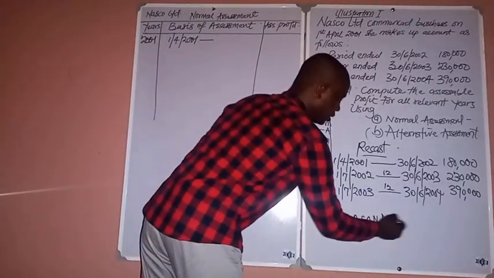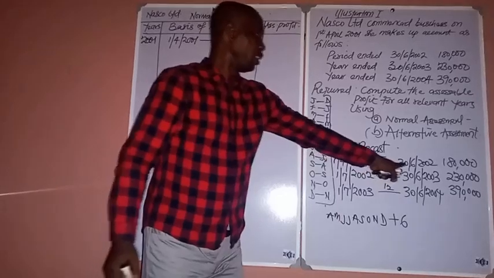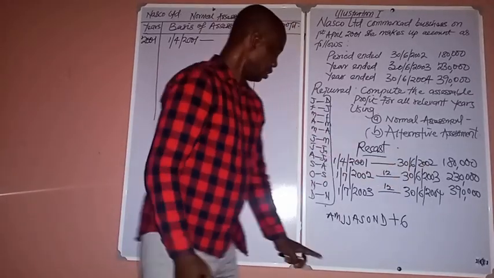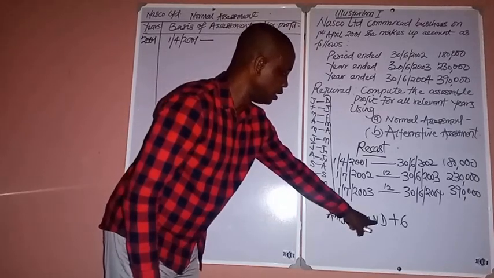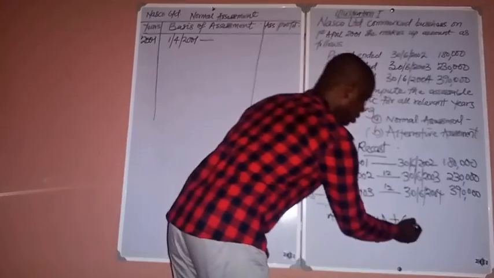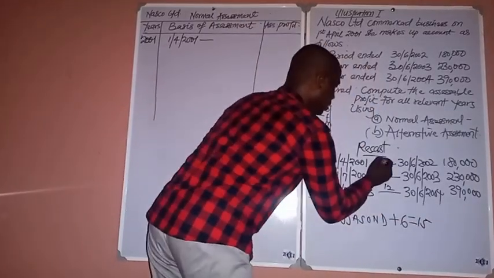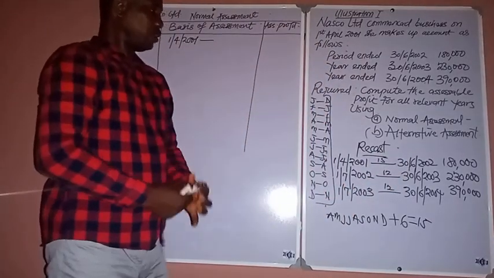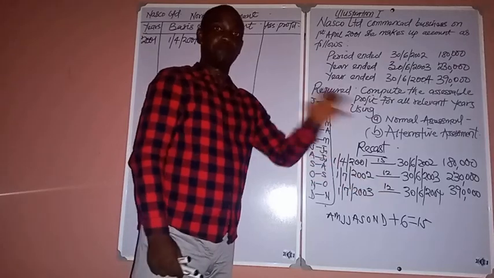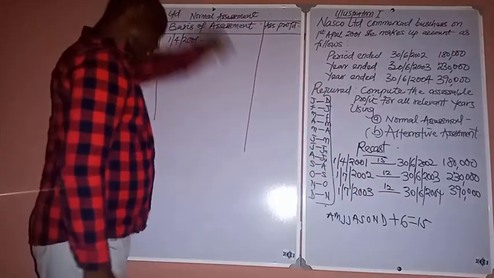Then you now have +6, because in 2002 you have only 6 months. So how many? 1, 2, 3, 4, 5, 6, 7, 8, 9. 9 + 6 is 15 months. So we have 15 months here. So we're working with 15 there. Do you see that it's not exactly 12 because they say period ended. So that is just that.